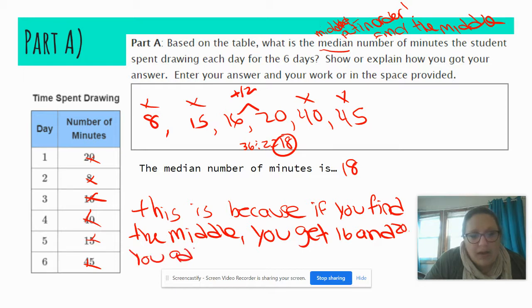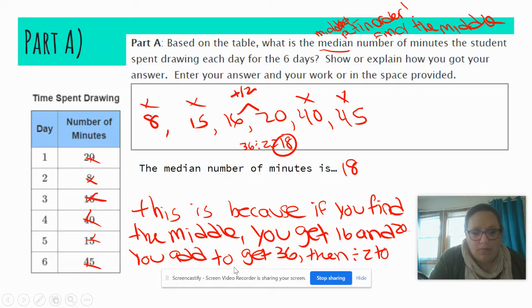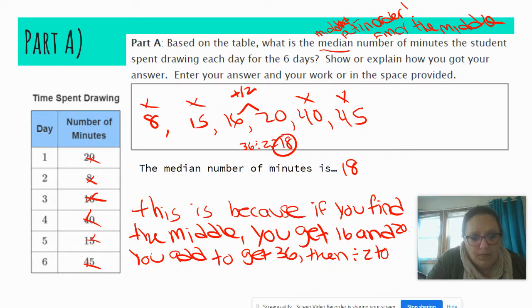You add to get 36, then divide by 2 to get 18.